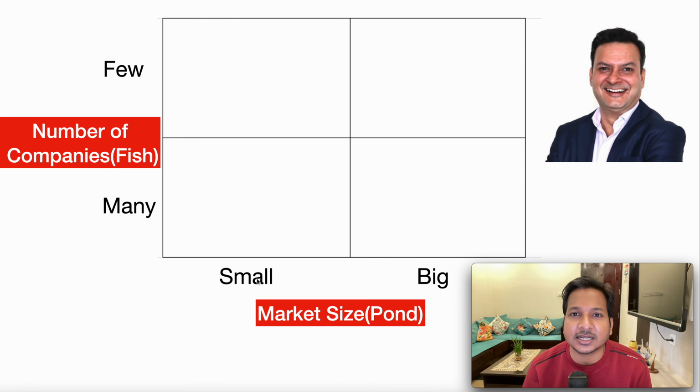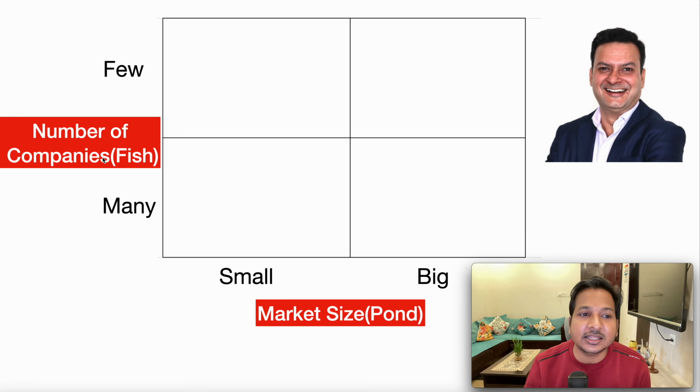How many people will buy that? Very few people, so the market size is small. But for food and clothes, such businesses or industries have a huge market, so that is called a big market size or a big pond. Whereas luxury goods and many local-area businesses are called a small pond, a small market size.